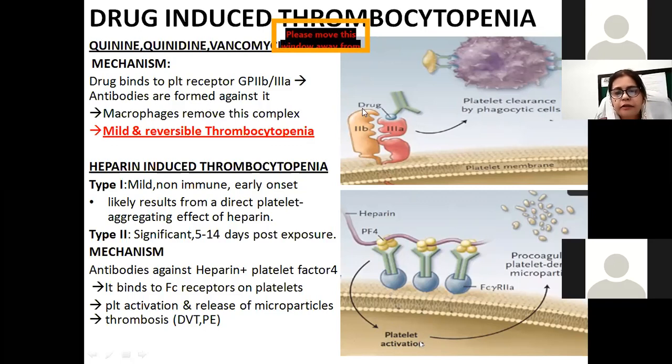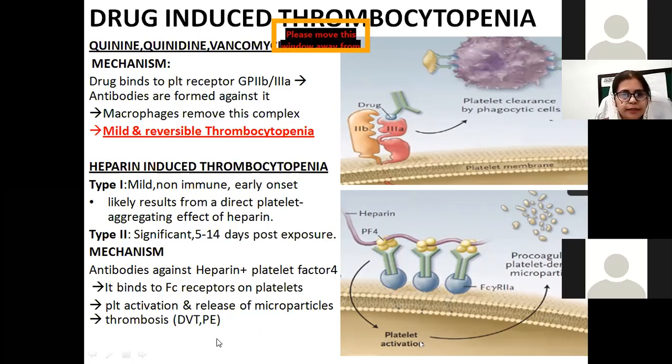With the other drugs, the complex was combining with the glycoprotein 2B3A receptor on the platelet membrane, but this time this complex is attached to the Fc receptor. And once this complex attaches to the Fc receptor on the platelet surface, the platelets undergo activation. There is release of microparticles and procoagulants are released into the circulation.